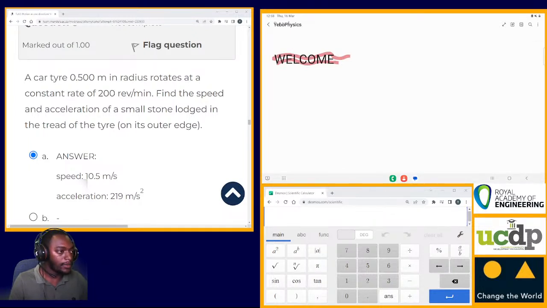Right, so welcome guys. This is the start. Let's begin solving questions. We have question 9 that is already shown there, where we were supposed to tackle that question.